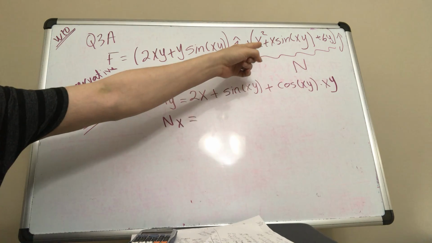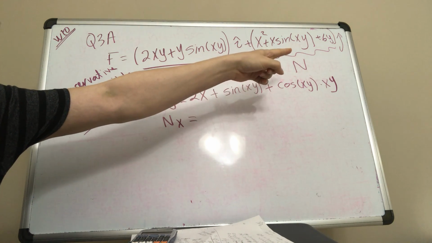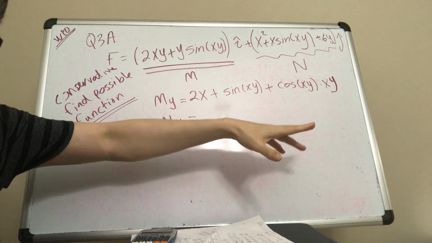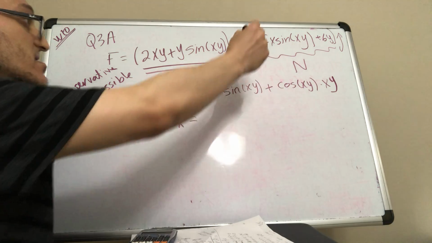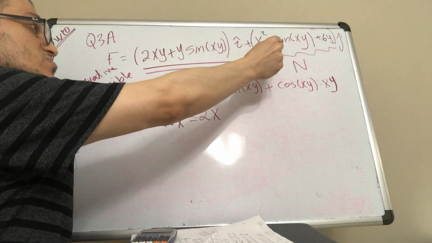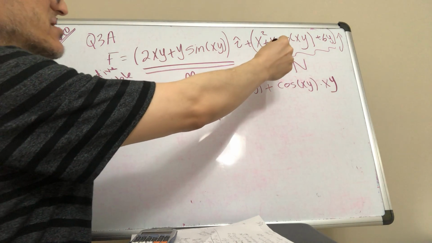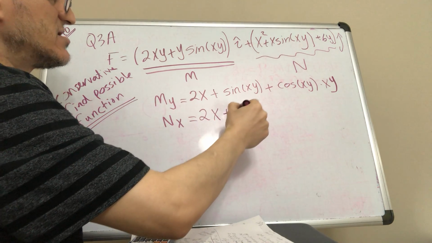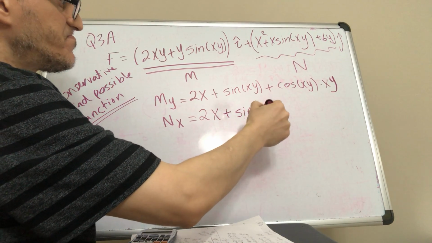We do the derivative for the second one, the one in j, with respect to x now. X squared is 2x. This one is, again, product rule. The derivative of x is 1 times the second function.